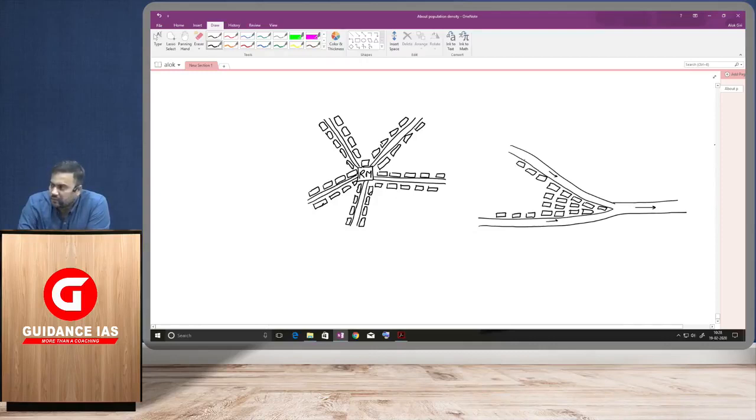Such type of patterns are much more common in peninsular India, where the rivers are not frequently getting flooded.